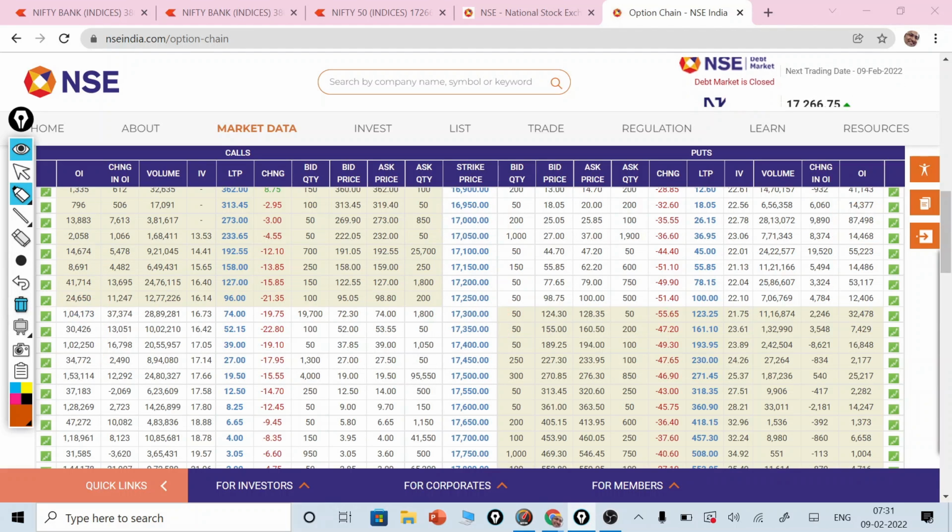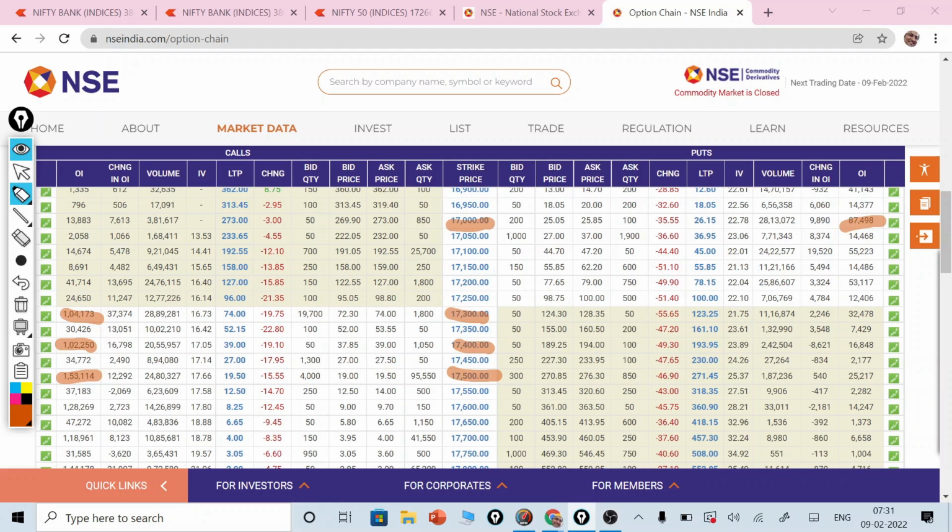So 17,300 and 17,400 are very strong resistances, and we see very heavy call writing at around 17,500. On the top side there is very heavy writing in calls, but in puts hardly any writing except at 17,000.